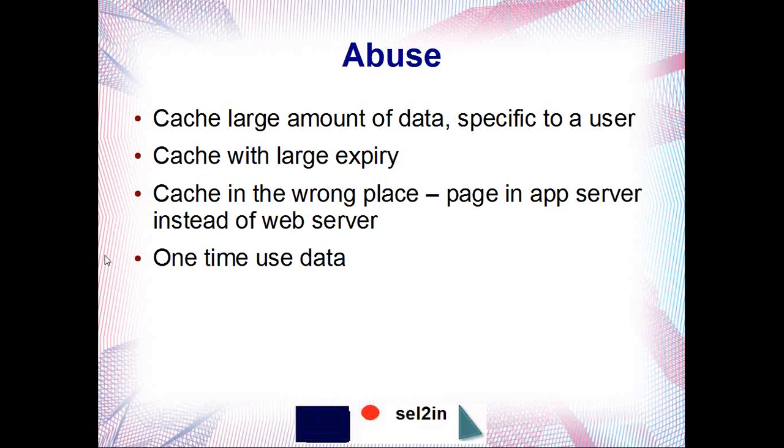Just like all requirements, you have to talk with the business and do some calculations: what is the quantity of data, and what is the turnaround time you want the user to experience, and then decide what to cache and what not to cache. So what might be one person's abuse might be another person's requirement. That is something you need to think about and evaluate if you decide to use caches.